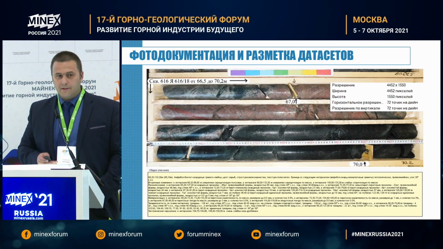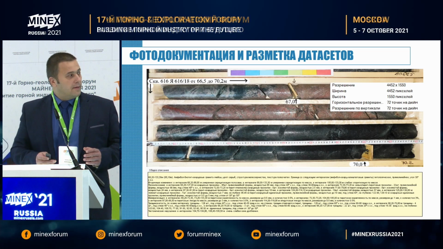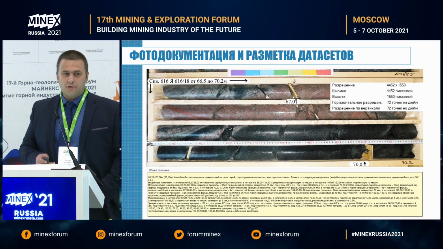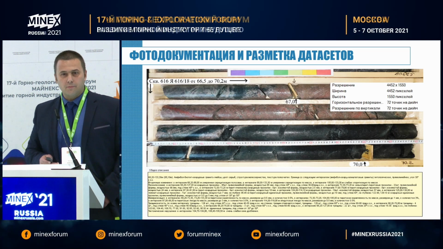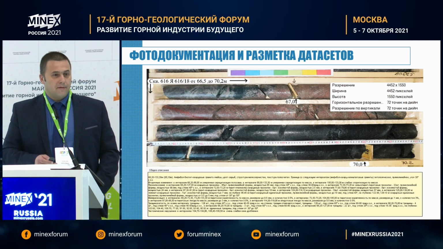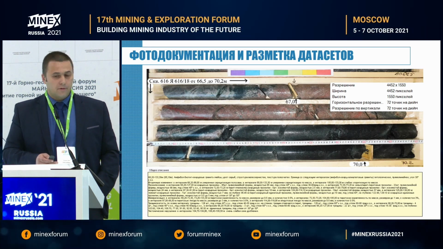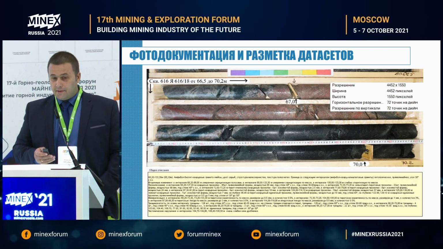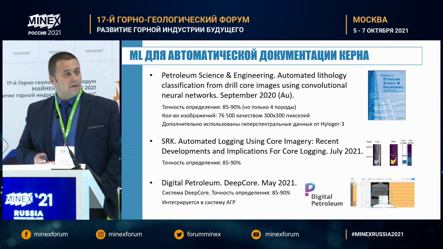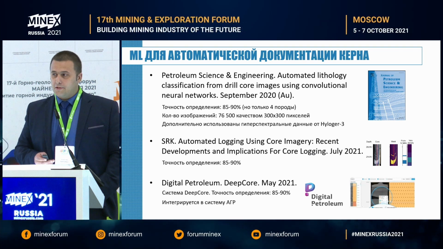We have a picture of the image and the digital signature. It is a predetermined data set. You can develop a neural network so that in the near future you could identify the type of core with the help of artificial intelligence.